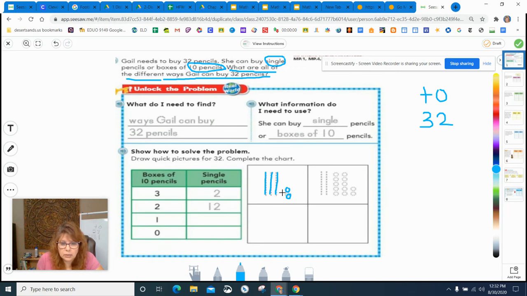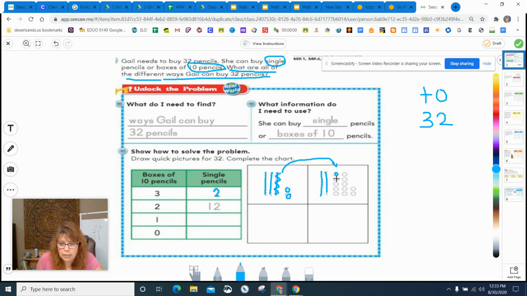The only way I can do this, going from 3 boxes of 10 and 2 singles, is to get rid of one of the tens and exchange it for 10 ones, like you see in this picture. We still have the 2 tens, but now this 10, we break it into ones.